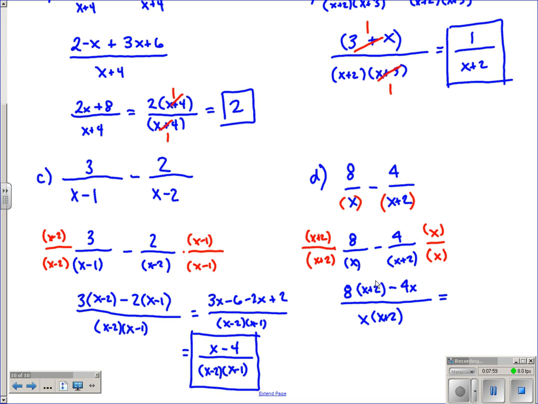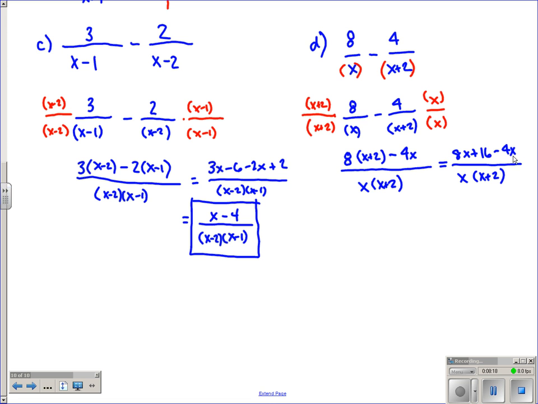Let's distribute our 8 through. We've got 8x plus 16 minus 4x all over x times the quantity of x plus 2. Combine our like terms. 8x minus 4x is going to be 4x plus 16 over x times the quantity of x plus 2.